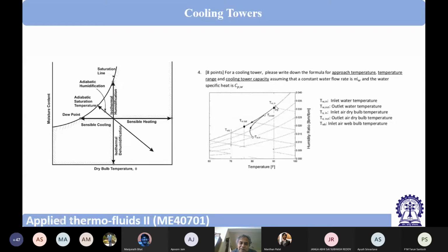Of course, its temperature will be lower than the incoming hot water temperature. And water, when it comes out, its temperature will be below the ambient dry bulb temperature, let's say 80 degrees Fahrenheit.